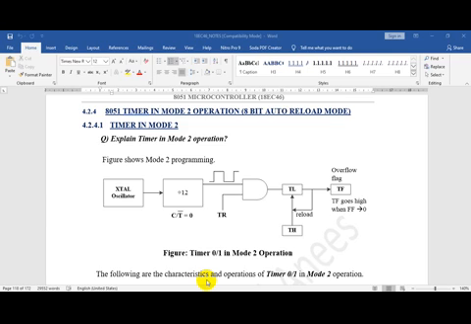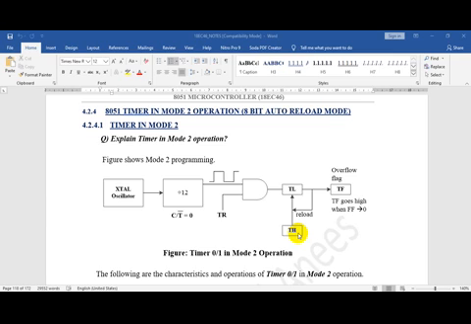See, in case of mode 1, when you had to generate the square wave, or when you want to repeat the delay, every time you have to load the timer values TH and TL. So that is additional time you require to load the value.